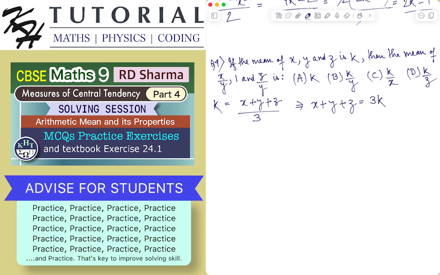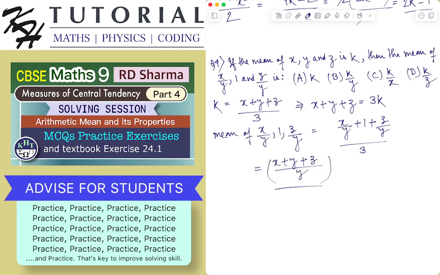Now we have to find the mean of x by y, 1 and z by y. Again 3 observations, so it is equal to their sum, that is x by y plus 1 plus z by y, whole divided by 3, because there are 3 observations. If I simplify the numerator, it will be x plus y plus z divided by y, and I have whole divided by 3.